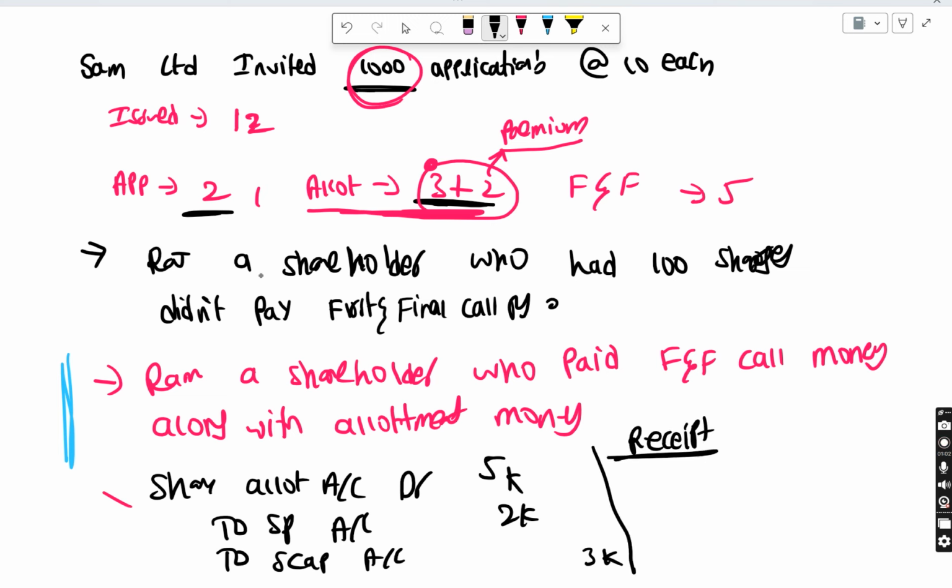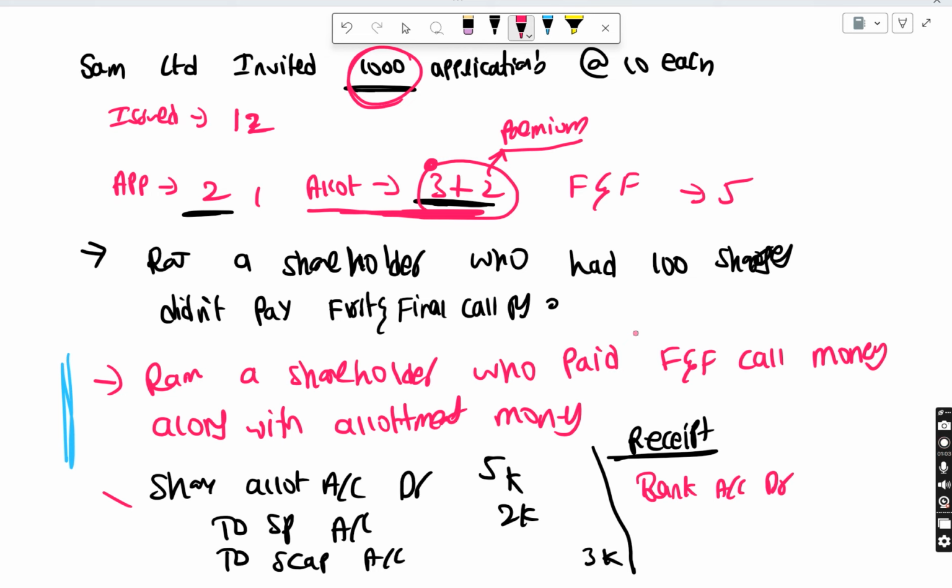Then bank account debit. How much? It will be 5500, because of calls in advance.